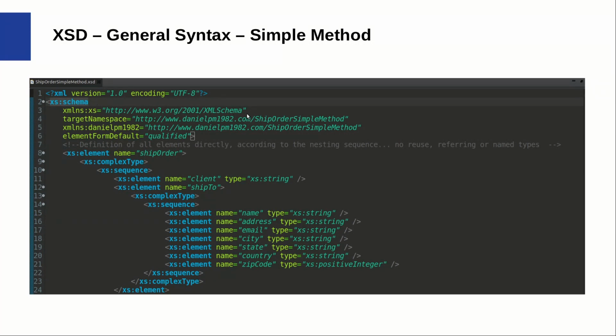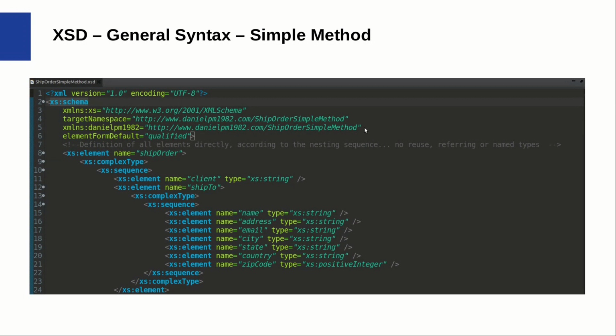First, the default namespace from W3C XML Schema associated to the xs prefix. Then you have the setting of the target namespace, which is this one that ends with ship order simple method, or any URI you want.